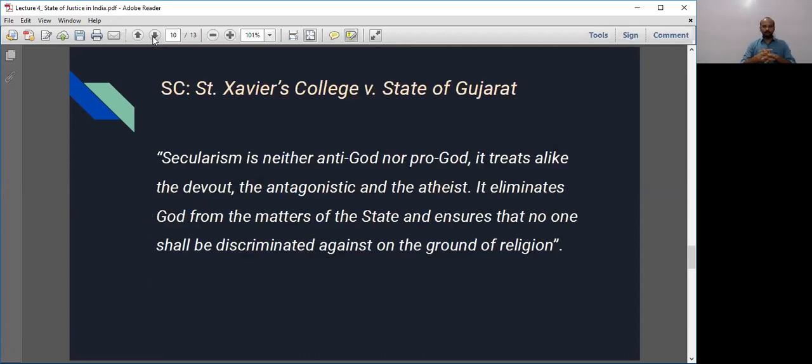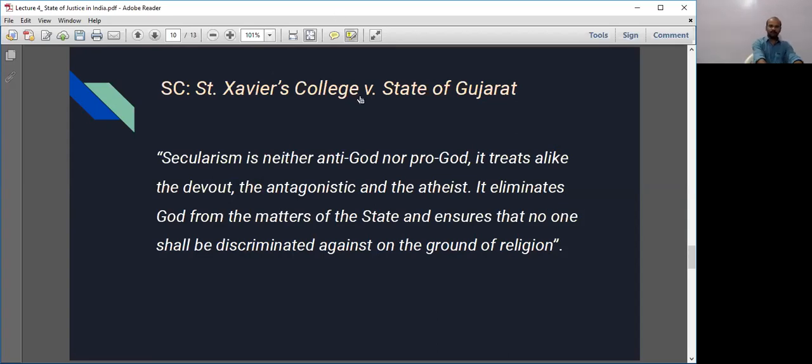Another judgment we have is in the case of St. Xavier's College versus State of Gujarat. This was a 1974 case. In this, the Supreme Court talked about secularism, and it said that secularism is neither anti-God nor pro-God. It treats alike the devout, the antagonistic, and the atheist. It eliminates God from the matter of the state and ensures that no one shall be discriminated against on the ground of religion.